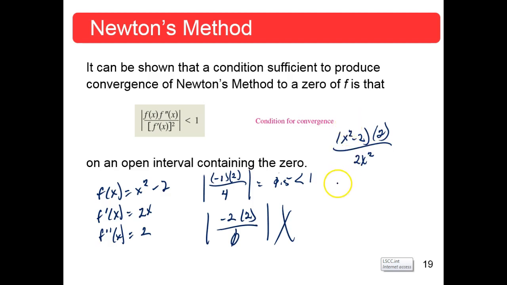This would give you 2x squared minus 4 over 2x squared, and that would be 1 minus 2 over x squared. Well, that's always going to converge. The absolute value of that is always going to be less than 1 the closer you are. Of course 0 won't work, but 1 works.